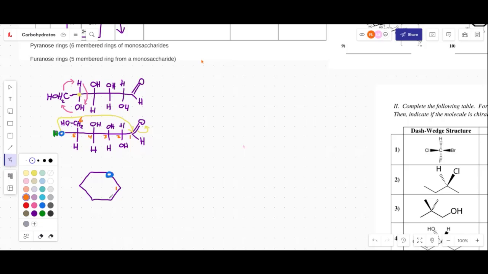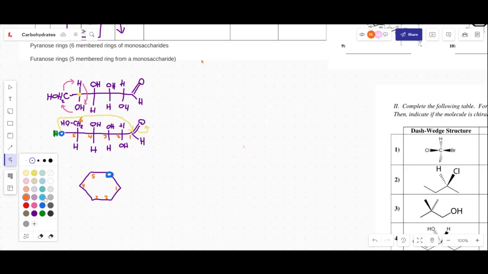So this is my 1. Why is the 6 at that other end? Well, because I'm numbering the carbon chain. I'm not numbering oxygens, right? So this is 1, 2, 3, 4, 5.